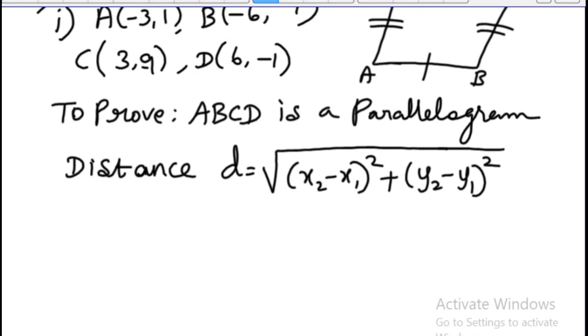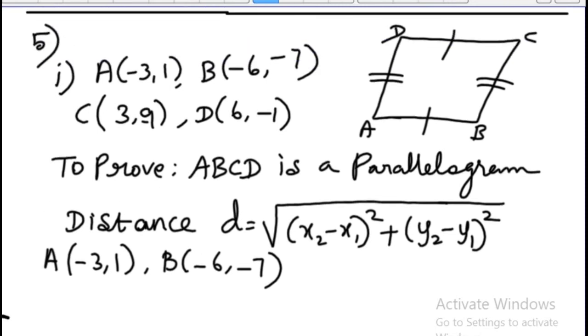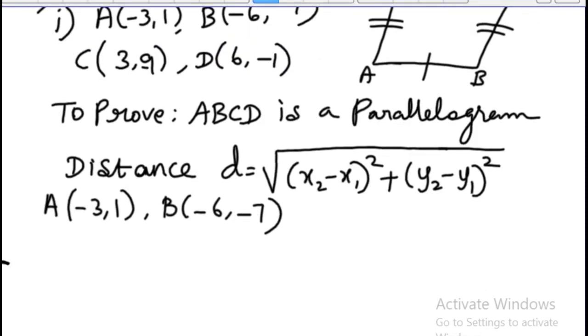So first you can find the distance of AB. You can take A point as (-3, 1) and B point as (-6, -7).